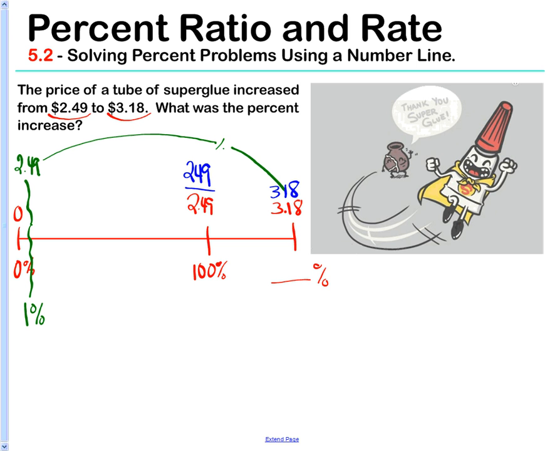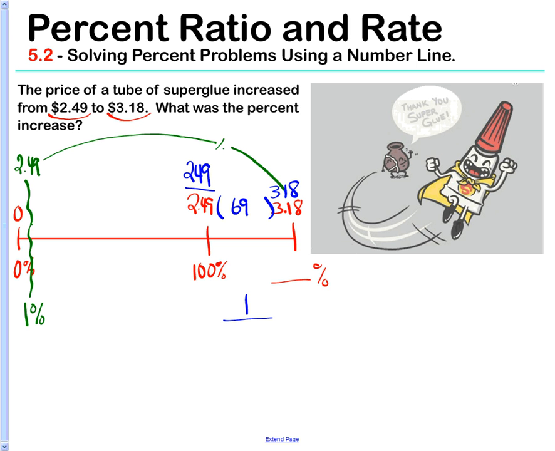But before we go any further, let's first make it easier on ourselves. Instead of doing all that division, let's go in the space between these two numbers and find the difference in the number of pennies. If we have 318 pennies and we take away 249 pennies, we're left with 69 pennies. If we find out how many 1% go into this 69, we can find the percentage of increase.